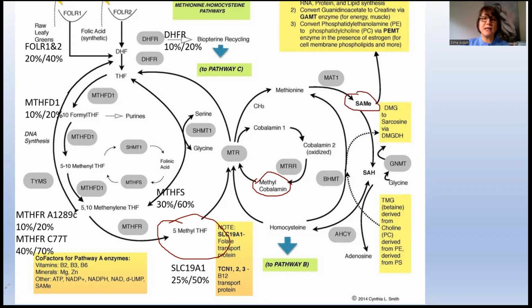This graph shows the function of all of these complicated names and acronyms: for us to get our methyl groups, one comes from 5-methyl tetrahydrofolate, another methyl donor is methylcobalamin, and cobalamin is another name for B12.